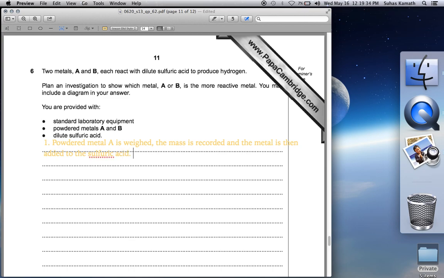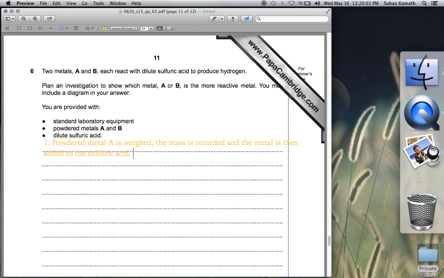My computer is, I guess, American style now, so it does not accept the spelling, it accepts sulphuric acid or something. And the metal is then added to the sulfuric acid. You see now the red line went, so my computer probably recognized it's correct.